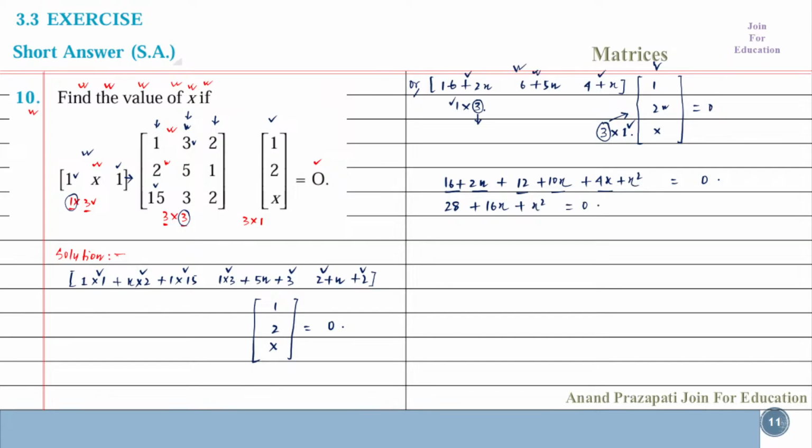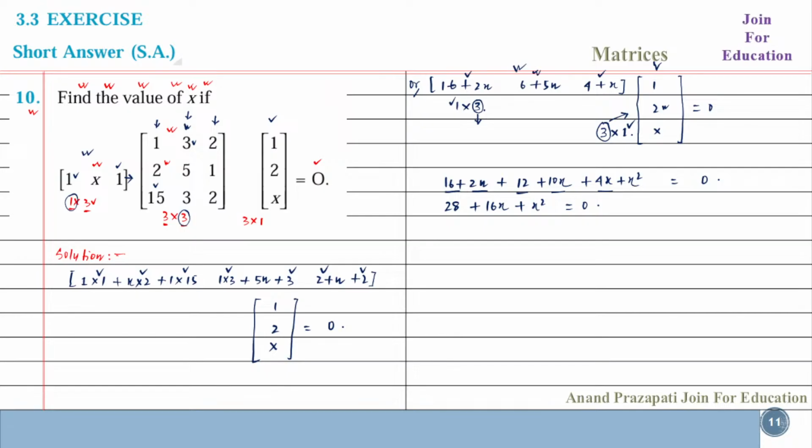So this is the quadratic equation in x. So we find out what is the value of x. Once again see here, 16 plus 12 is 28, 2x plus 10x is 12x, plus 4x is 16x, plus x square.